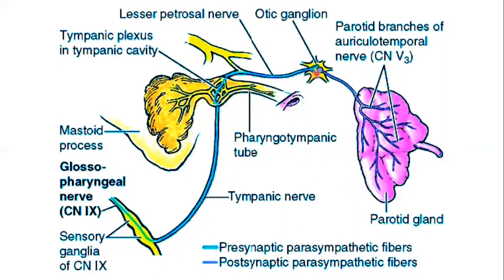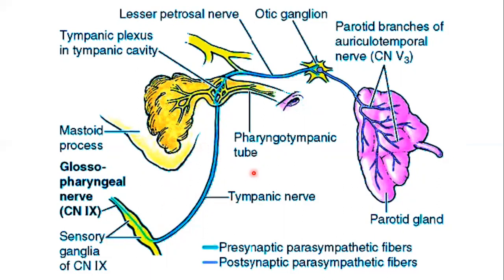And from this, of course, these fibers would be postsynaptic parasympathetic, right? And they travel via the auriculotemporal nerve, which is a branch of the mandibular division of the trigeminal nerve, and this supplies the parotid gland. These are the parasympathetic fibers, which when stimulated are secretomotor, and they increase the production of saliva. So this is the root.